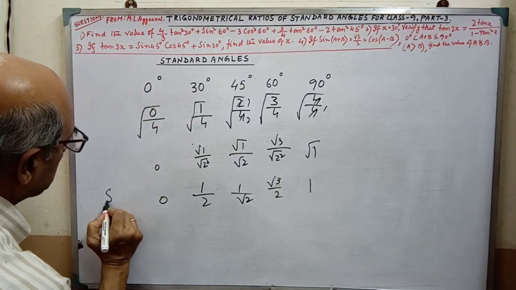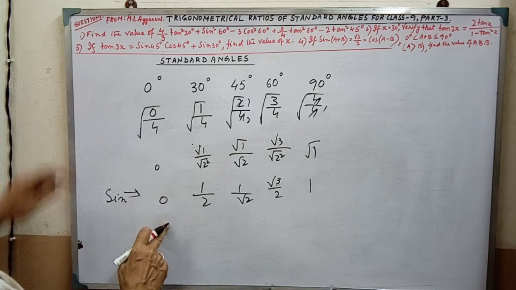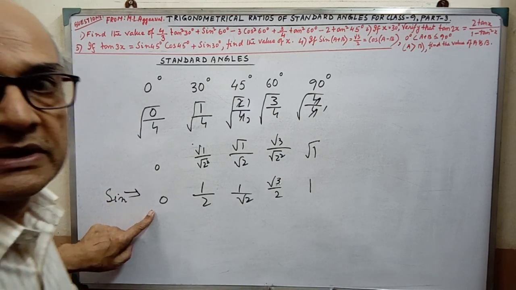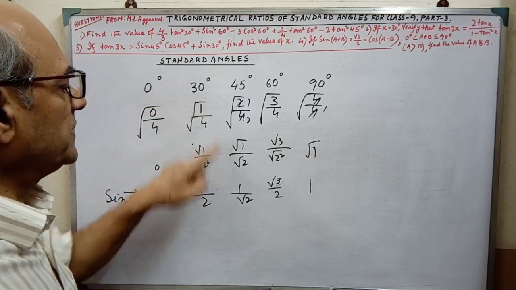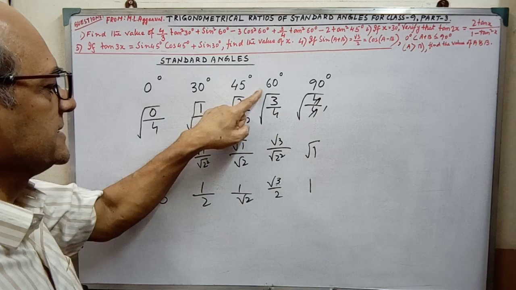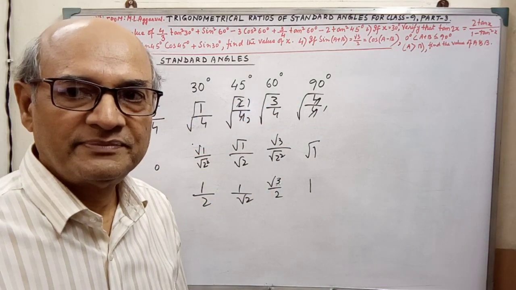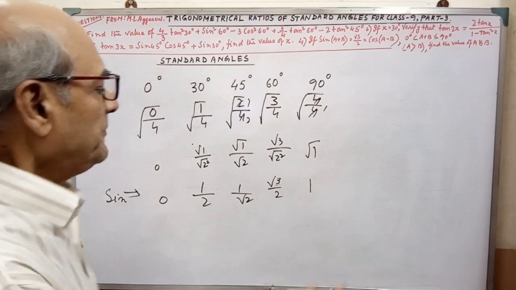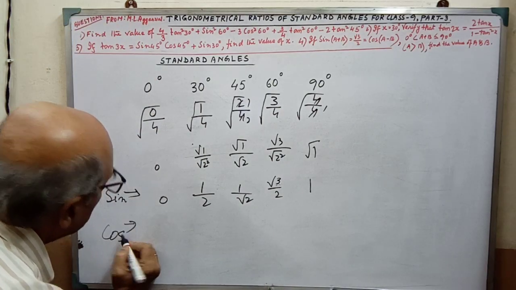In this way, what values we are getting, that is for sine. That is sine 0 degree, 0, sine 30 degree half, sine 45 1 by root 2, sine 60 degree root 3 by 2, sine 90 degree that is 1. If you take it reversely, then this value will be for cos.